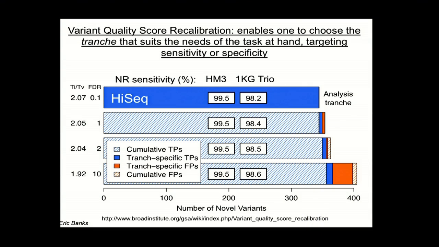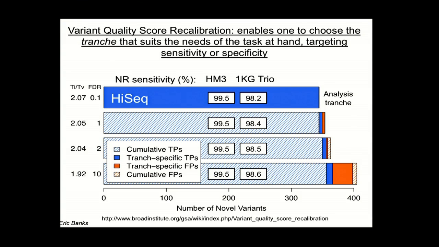One way of thinking about this is in terms of these tranche plots. I like this a lot because it captures simultaneously how good we are at separating true positive variants from false positive variants, and also allows you to understand what type of data sets you want to work with depending on the needs of your project.